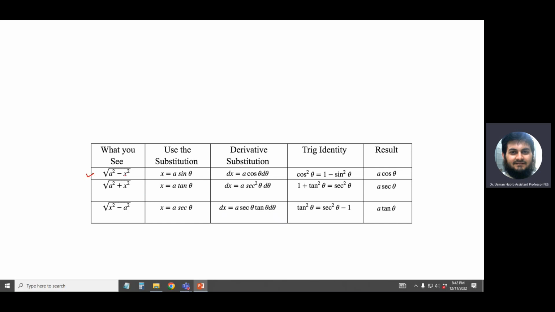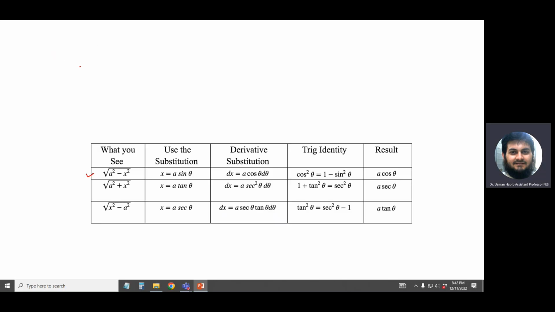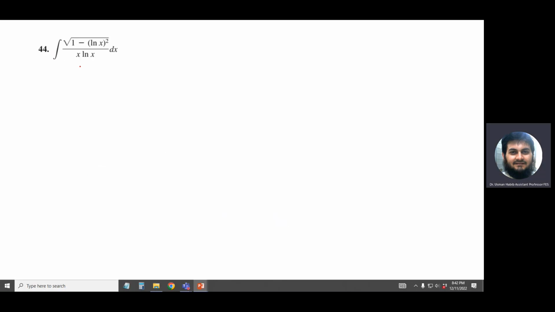Whether this is x or a function of x doesn't matter, as long as you get something like this. So for this, the substitution is x equals a sine of theta. Here the solution: natural log of x equals a sine of theta. A is 1 here, so 1 sine of theta.